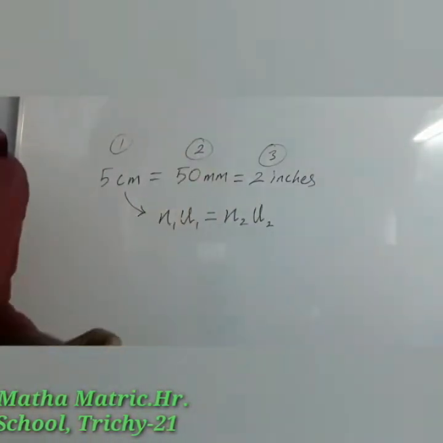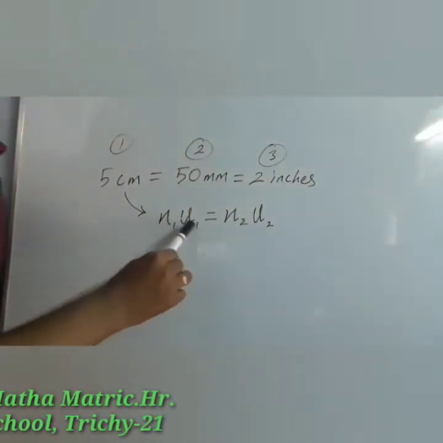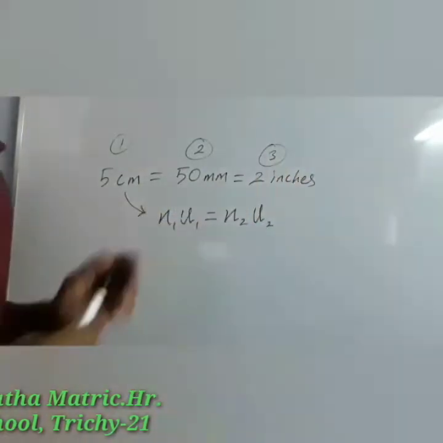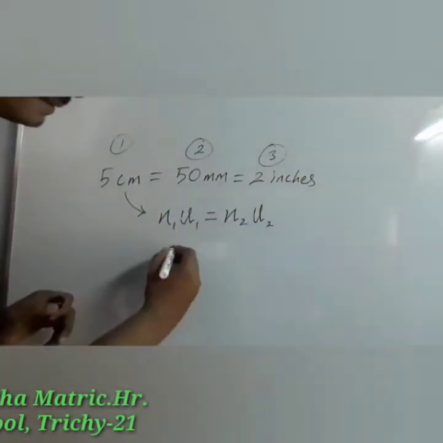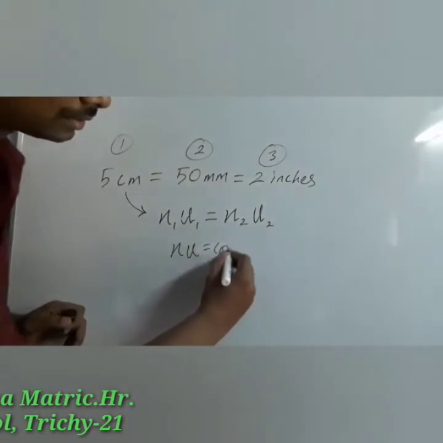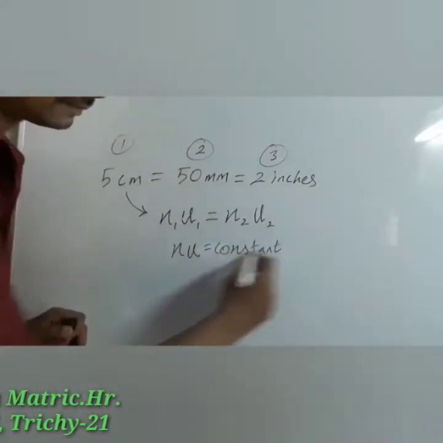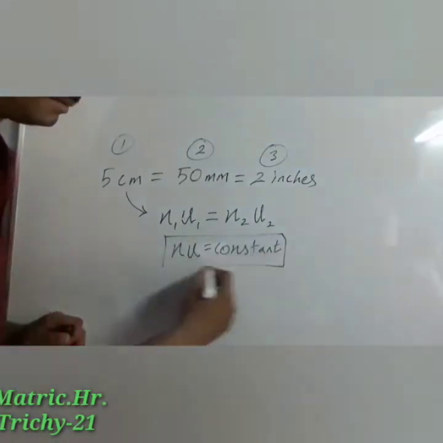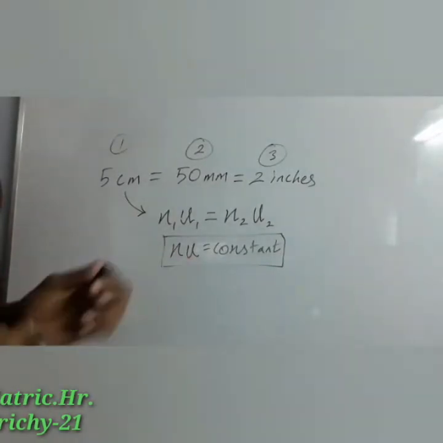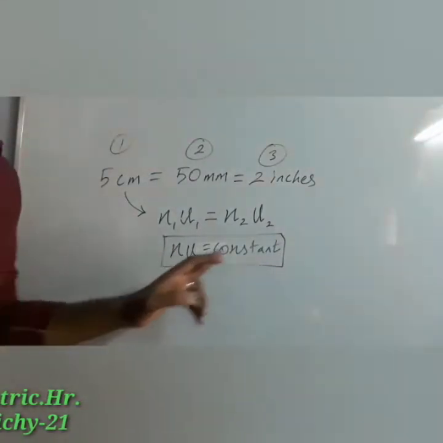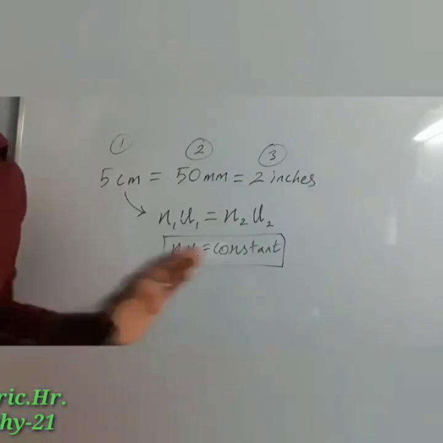So generally how can we write? The product of the numerical value and the unit is equal to a constant: nu equals constant. So any system can be used, but the product of the numerical value and the unit is always constant. So keep in mind.